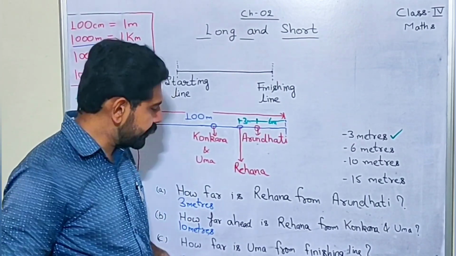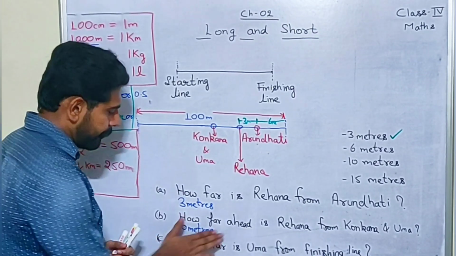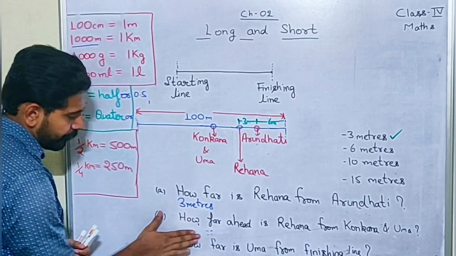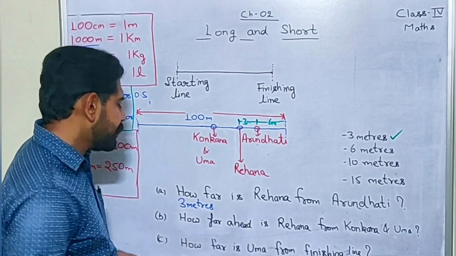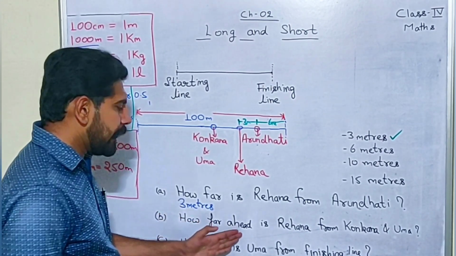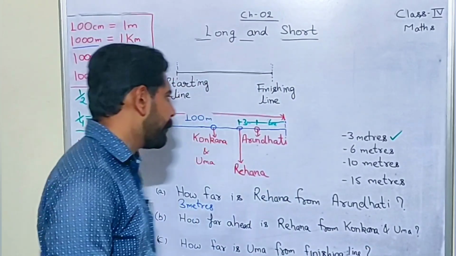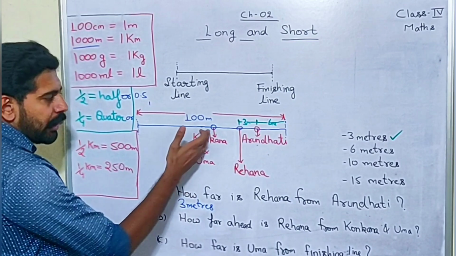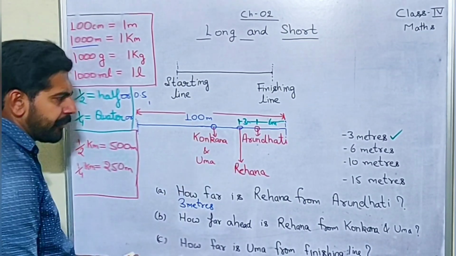Any doubt or issue? I have written 3 meters. Okay. Now, next question. How far ahead is Rehana from Konkanna and Uma? Where are Konkanna and Uma? Here. And where is Rehana? Here.